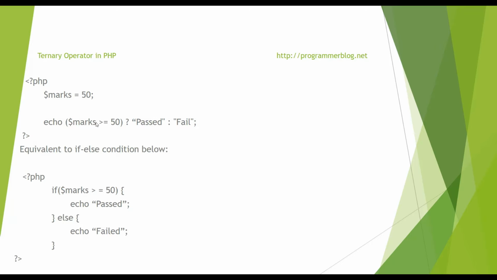This ternary operator syntax is equivalent to the if-else condition below. If $marks is greater than or equal to 50, inside the braces we are printing echo passed, and in case of else we are printing failed. This if-else condition has the shorter syntax that we can write using a ternary operator.